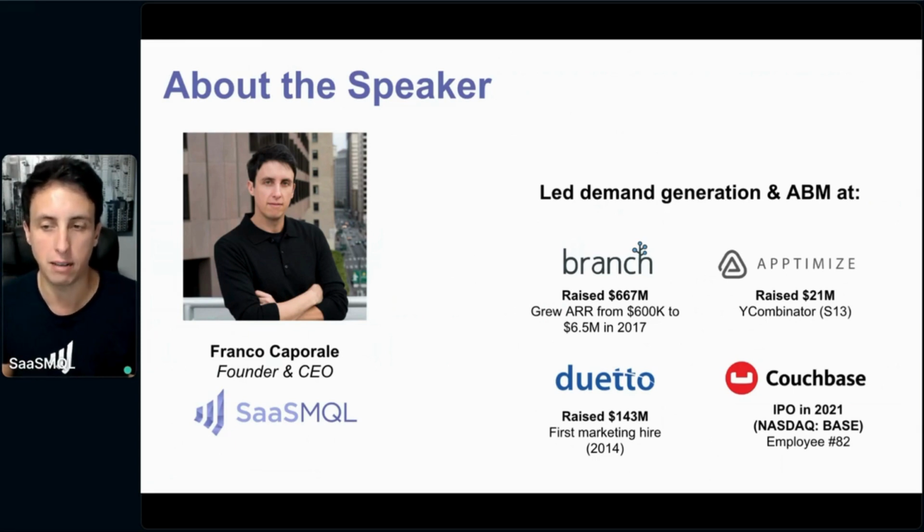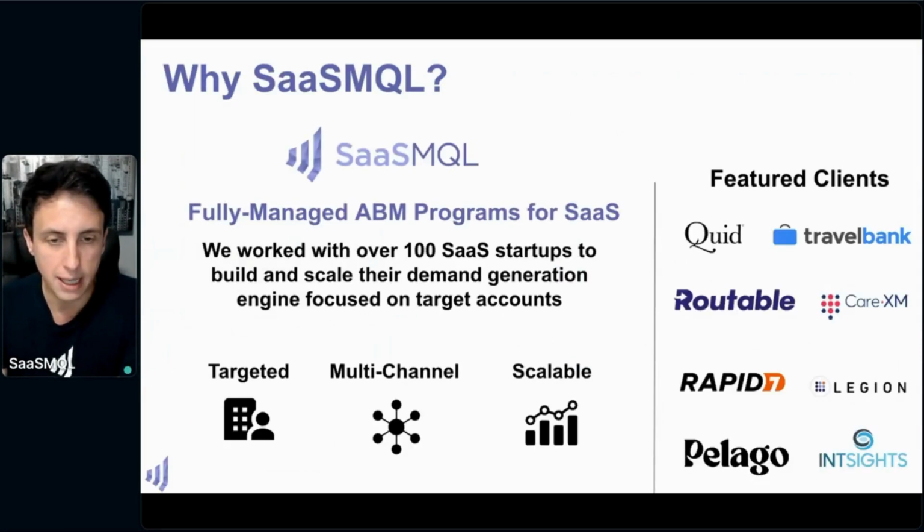And so I learned a thing or two about enterprise marketing, demand generation, and particularly account-based marketing. So when I started SaaSnQL, I wanted to really focus on helping SaaS companies to scale faster and more efficiently.